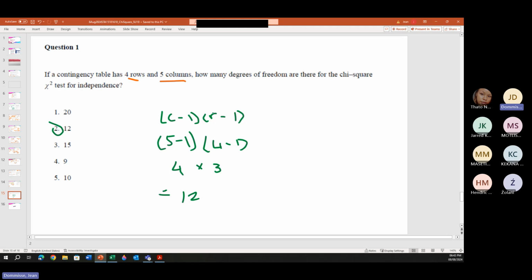Yeah, so that's chi-square. The difference between that and study unit 9 was that in study unit 9 you were working with one variable. That variable was a quantitative variable, and we got a number of the mean.